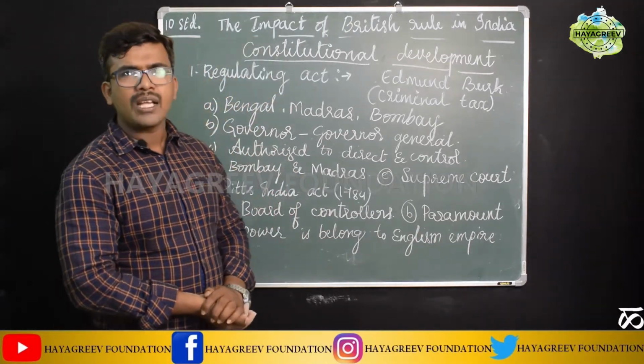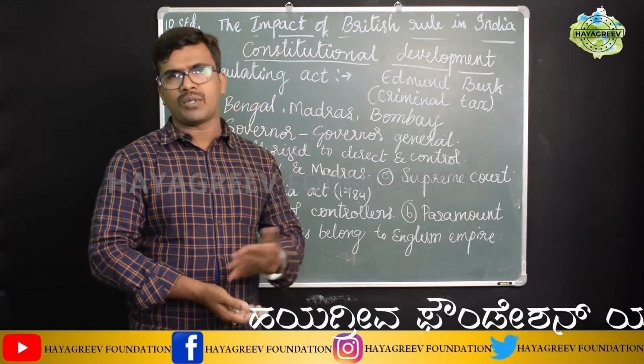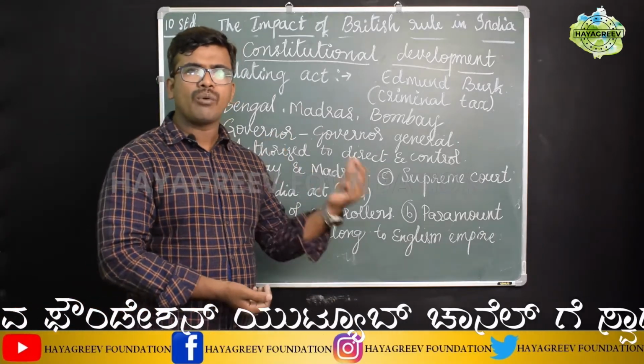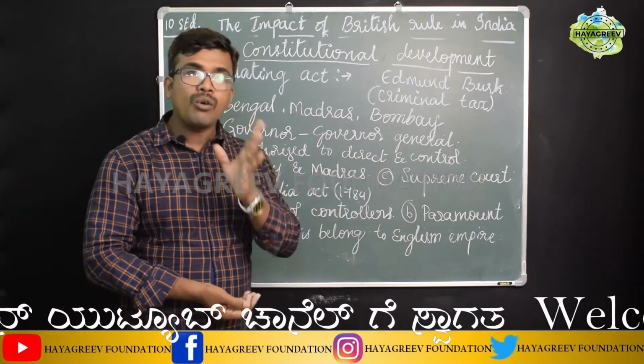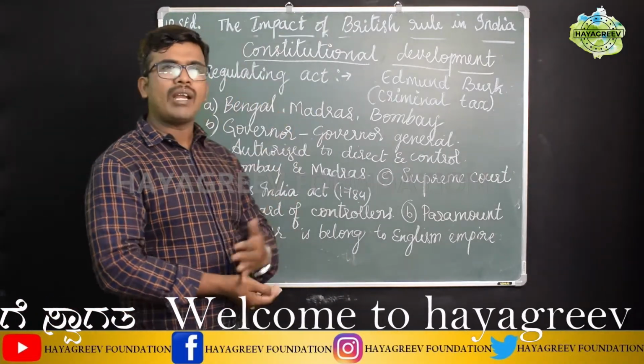As they engaged only in collecting land revenue, it made them corrupt. Almost all the officials became corrupt due to this system. So in order to avoid this, the British government implemented the Regulating Act.